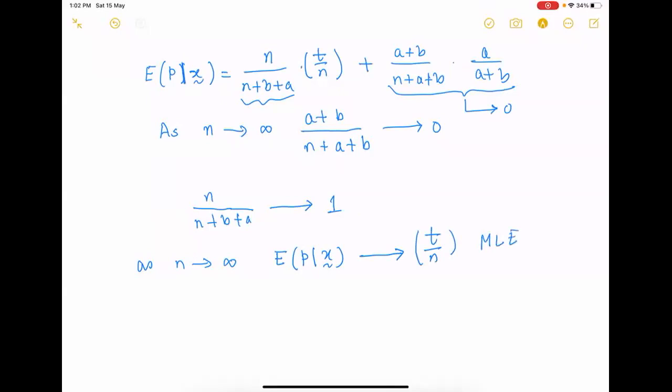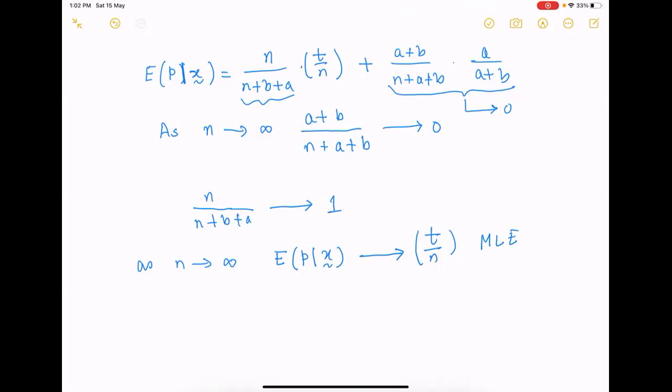That means as I see more and more samples, the effect of my prior belief or prior distribution will be washed out, and finally my answer will be completely driven by the data. So my posterior mean, my Bayes estimator, will converge to the maximum likelihood estimator.